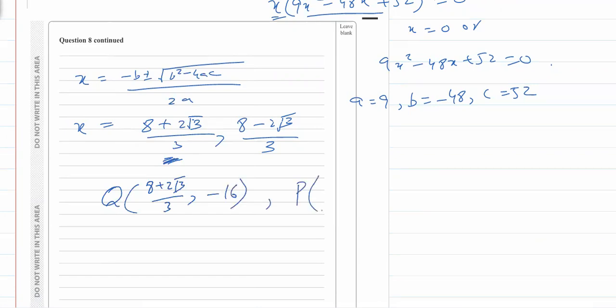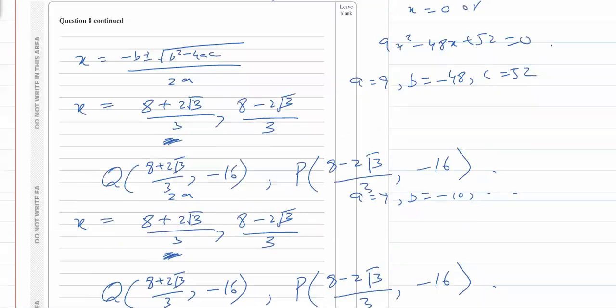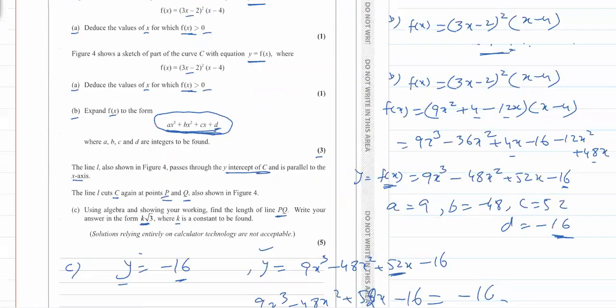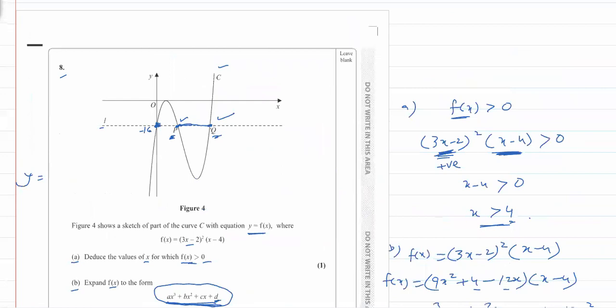And the coordinate of p now will be 8 minus 2 square root of 3 over 3, and the y coordinate is minus 16. So these are p and q, because this value is a smaller value, and p you can see in the diagram, p is nearer. So this value will be smaller, this is a larger value. That's it.